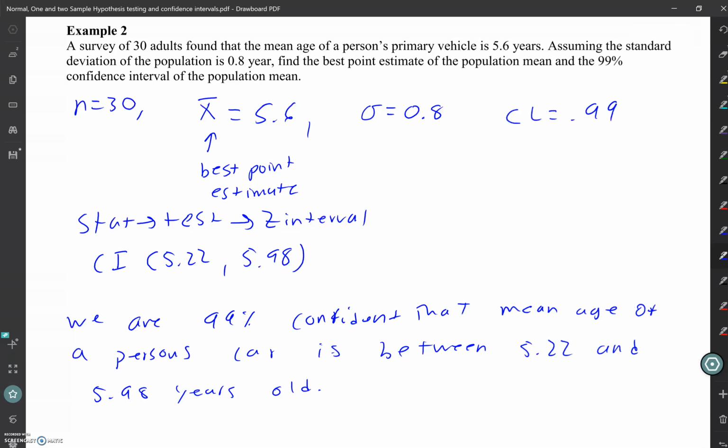So we're 99% confident that the mean age of a person's car for the population is somewhere between 5.22 and 5.98 years old.